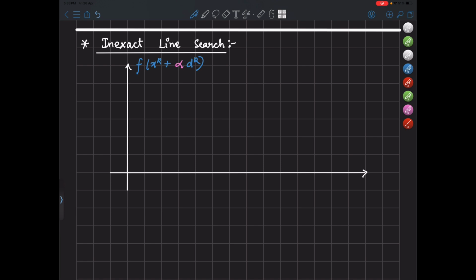By changing alpha, we are changing the distance of xk plus 1 from xk along dk. So if this is xk and this is dk, this is alpha, and this is xk plus 1. We are changing this value, and this is the graph of how f changes. Let's assume that it changes something like this.